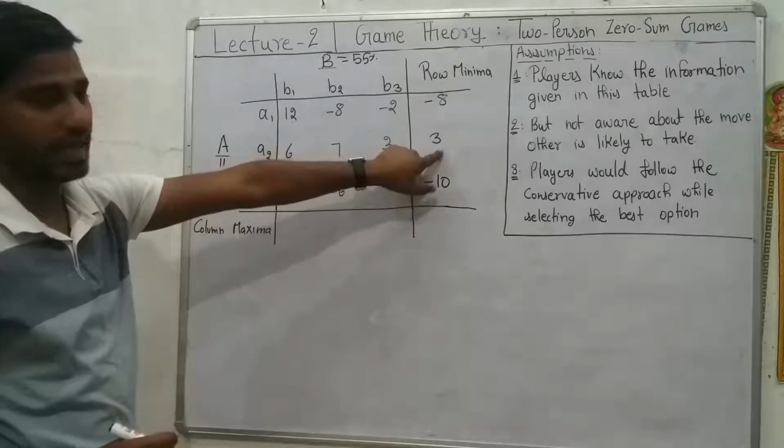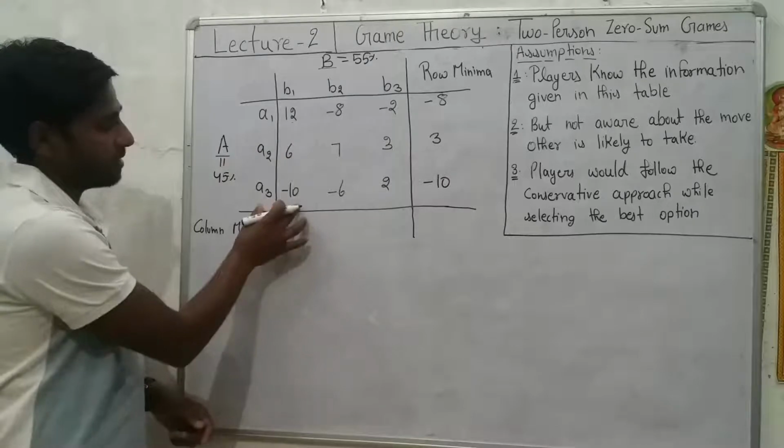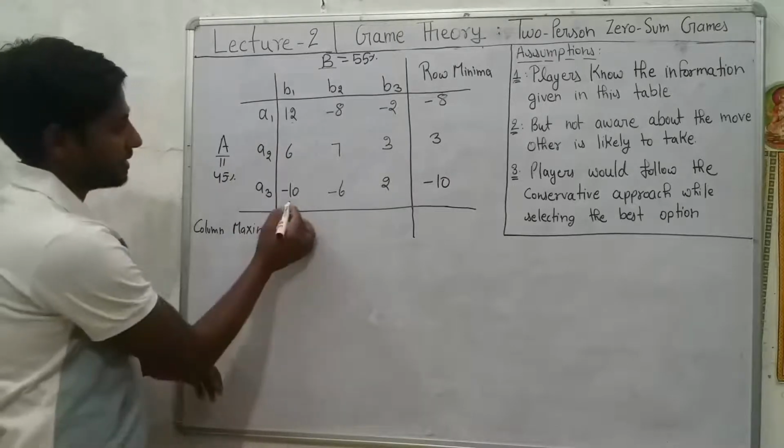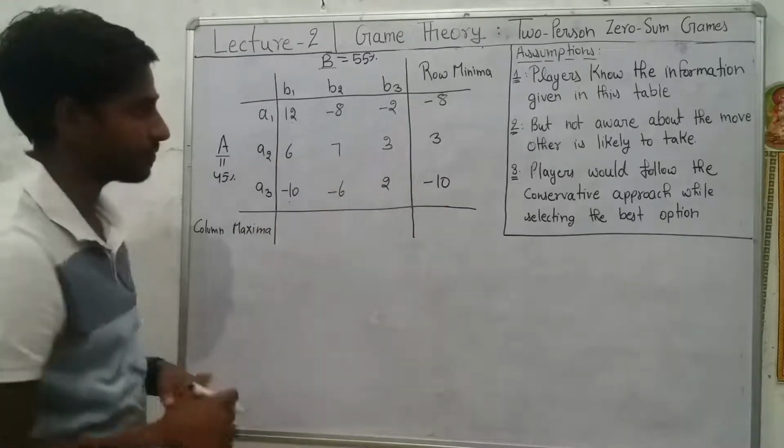In the third case, the most negative outcome could be minus 10. So we are going to select these.